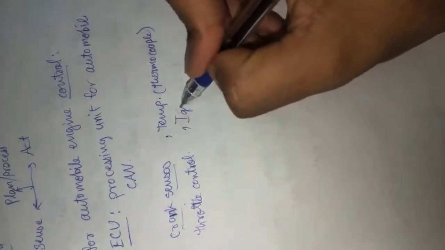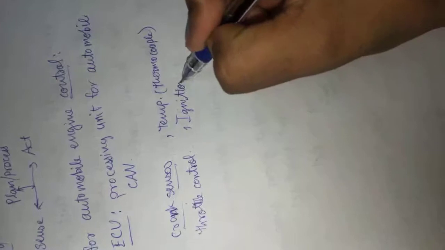Then there is the ignition module. The ignition module senses when to give the supply to the spark plug, so that the fuel is burned in an optimized manner. That precise calculation is done by the ECU, and it gives the action to the spark plug according to the input given by the crank sensor.